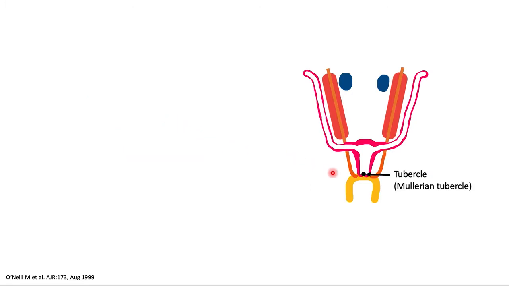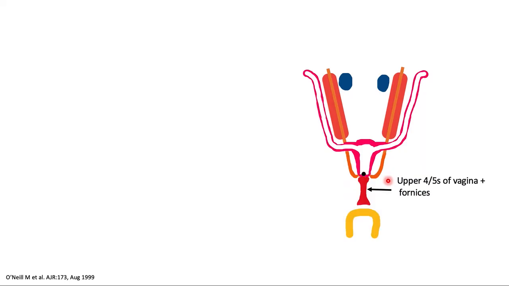Now, let's go back to this tubercle, what we call the Mullerian tubercle. The Mullerian tubercle will induce the formation of the upper portion of the vagina and the fornices. Note that the lower vagina will be formed from another structure, the one coming from below.